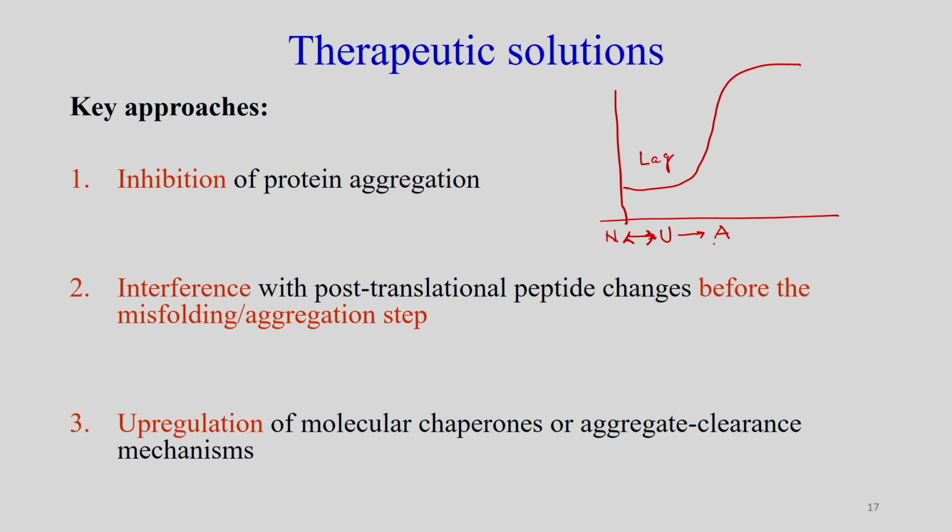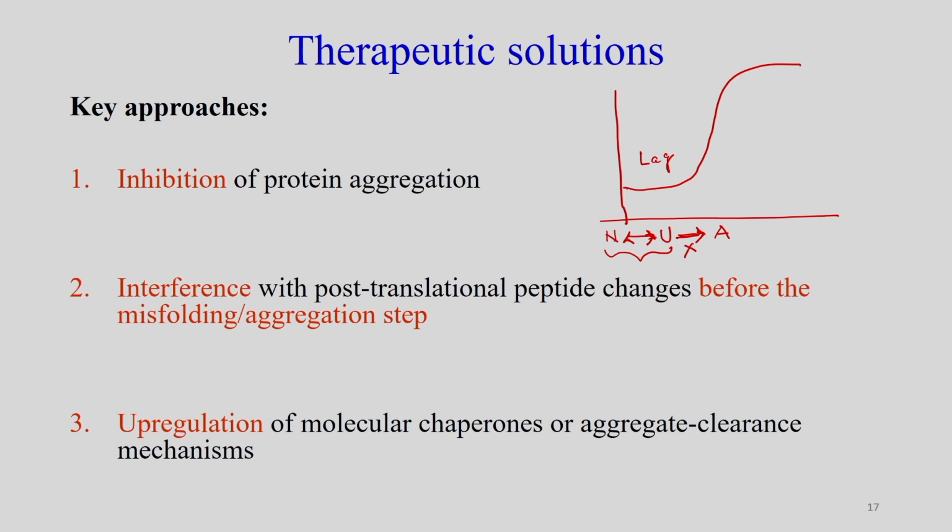So, if you can stop this step from unfolding to the aggregate, but once the unfolded protein is present, it is difficult to stop the formation of nuclei. So, you have to work on this step, to change the environment in such a way that the unfolding of the protein is avoided.